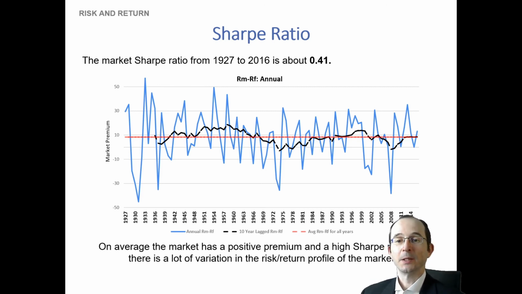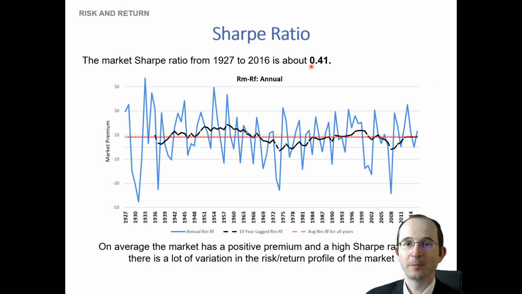So historically, it's good to think about what the Sharpe ratio actually has been of the market, about maybe 0.40 or 0.41. So in other words, for every unit of standard deviation you take, every unit of risk, you get 0.41 units of risk premium for it. We can see that generally it oscillates fairly wildly.